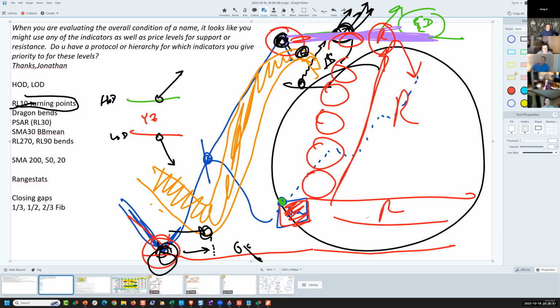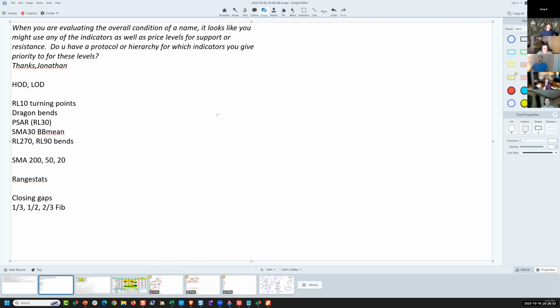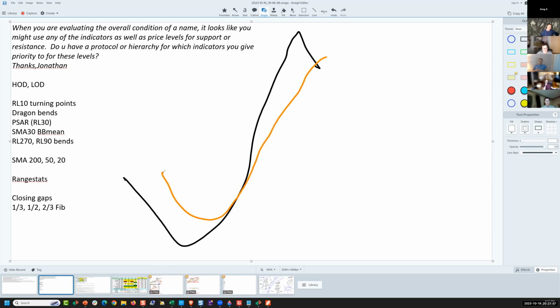So if I was going to just draw those two things, I would say your RL10 peaks are there. Your dragon turns are a little smoother, and they occur later in time. So even if you don't act on that, you could use that as information to act on this.